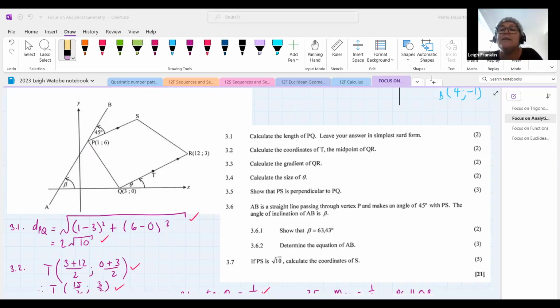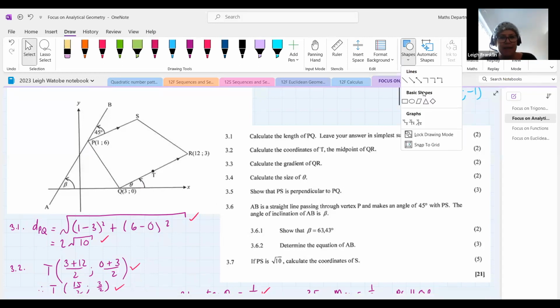So this is an unusual question, because often in analytical geometry we're not required to do this. In fact, we shouldn't ever really be constructing anything. What they want you to see here, grade 11s and matrics, is this.